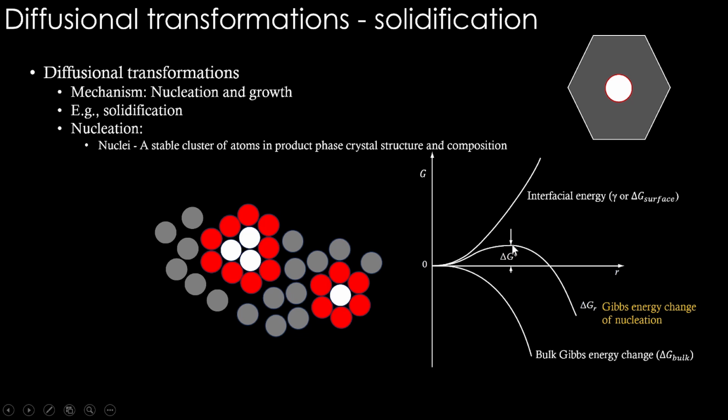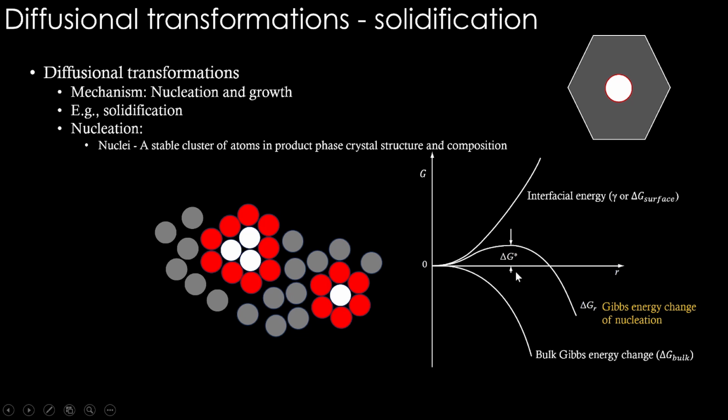But from this point onwards, it keeps decreasing. Although delta G is positive here and maximum, from that point onwards, it keeps decreasing. It means that if at all a cluster of this size comes, let's say the product atoms form in this particular size or any size beyond that, the addition of any atom to increase its radius is going to decrease the energy.